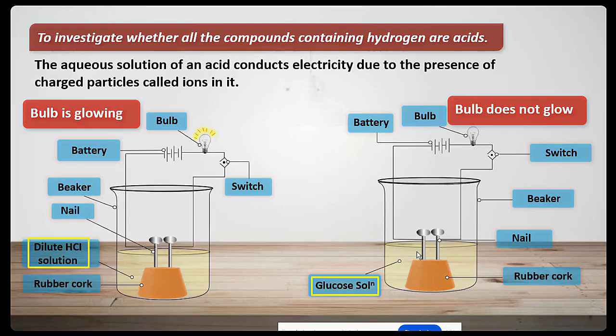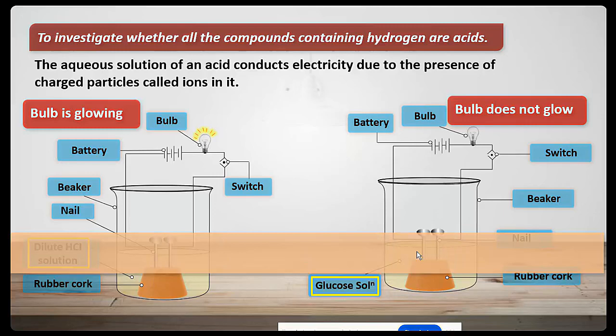So here is the question: does every solution which contains hydrogen ions count as an acid? Means no. Glucose also contains hydrogen, so it is not an acid, and it does not conduct electricity as well.